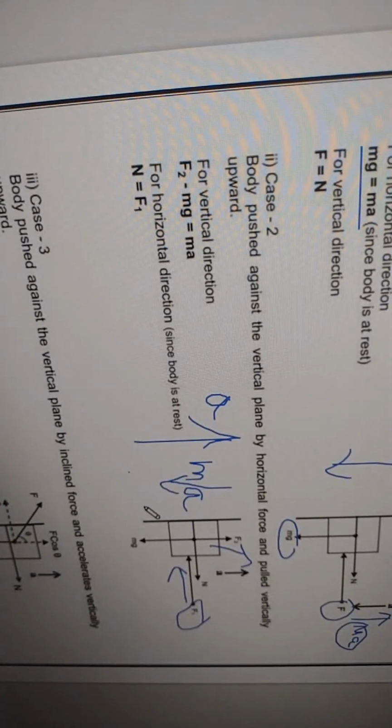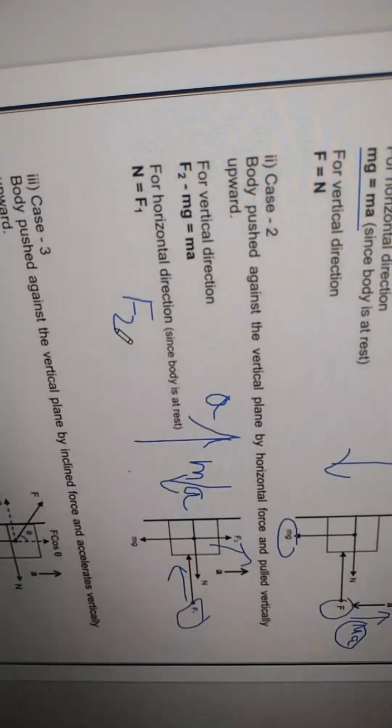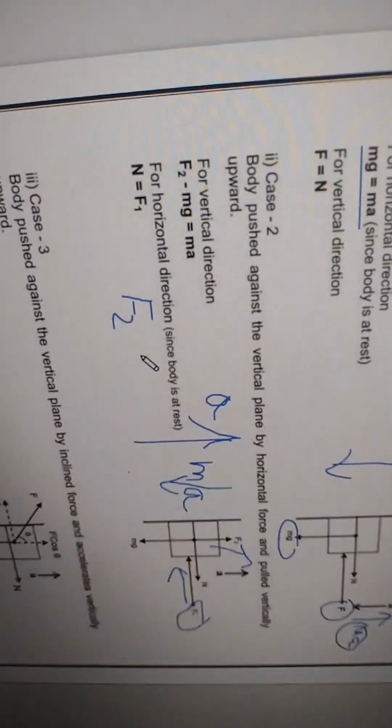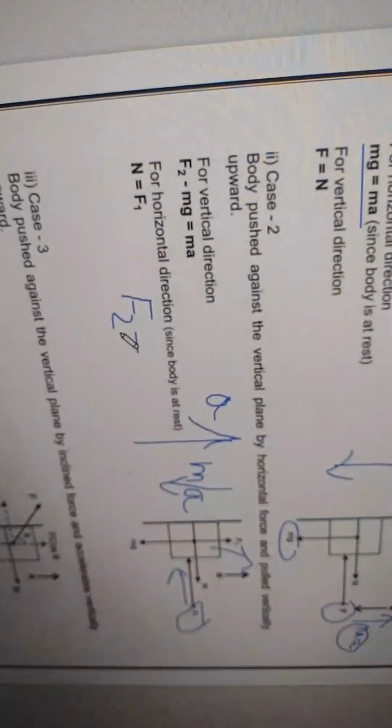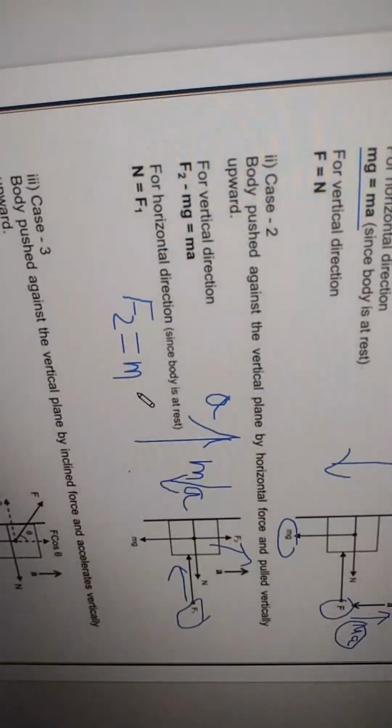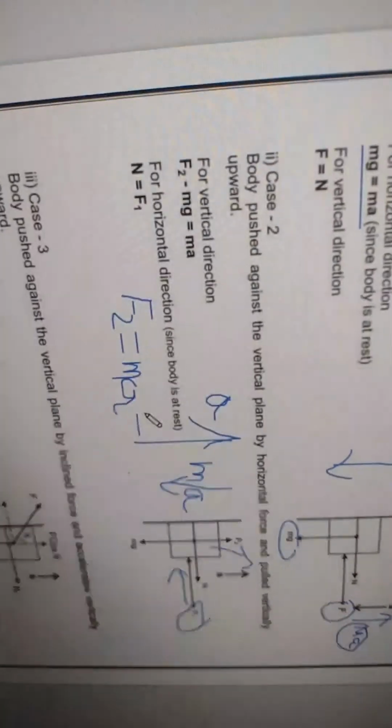So the equation for the vertical direction: the force will be F2, in this direction, and it is equal to ma plus mg. F2 is equal to ma plus mg.